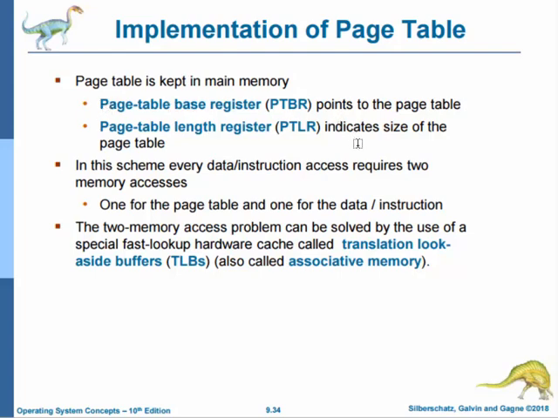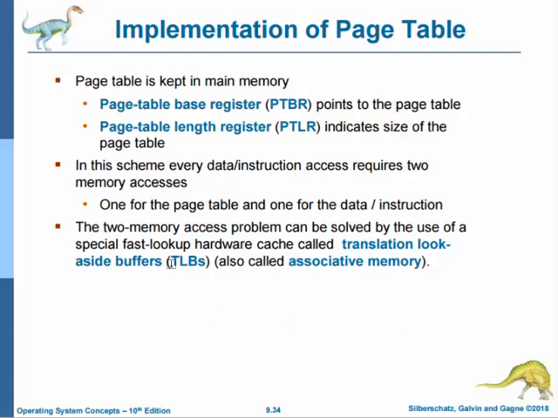Another term indicates the size of the page table. It's called the page table length register. And in this scheme, every data or instruction access requires two memory accesses, one for the page table and one for the data or the instruction.